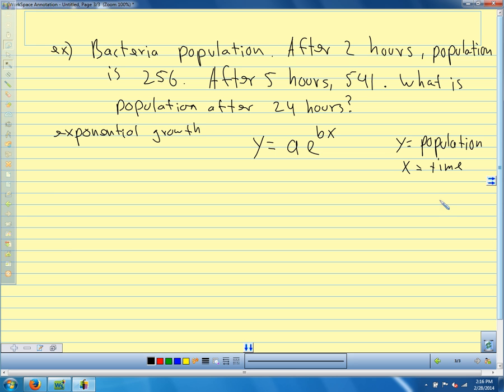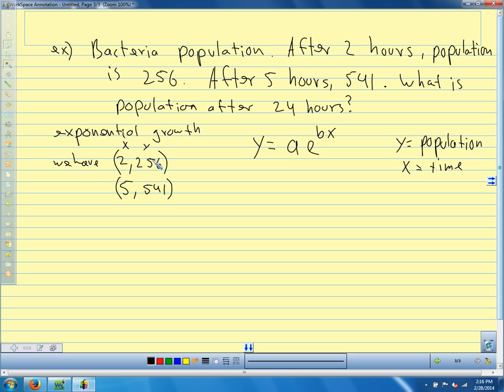So we have two data points. We have two x's and y's. So we have the point 2, 256, and we have the point 5, 541. These are each an x and a y. This is kind of like the problem we did on the last test with the parabola, where we're fitting our points to our parabola, and we ended up with a system of equations.